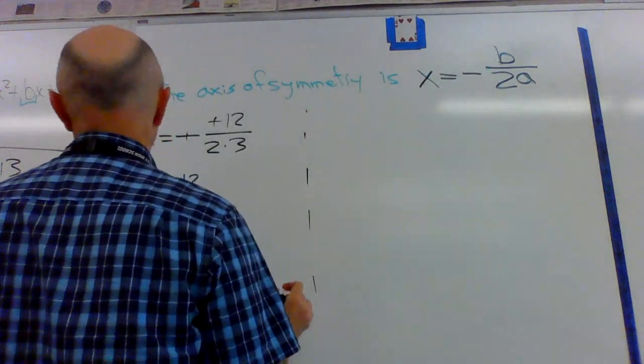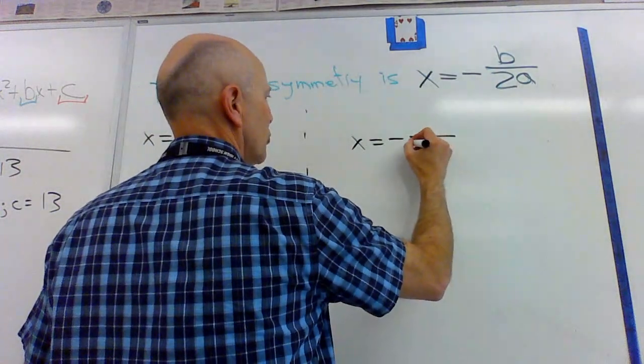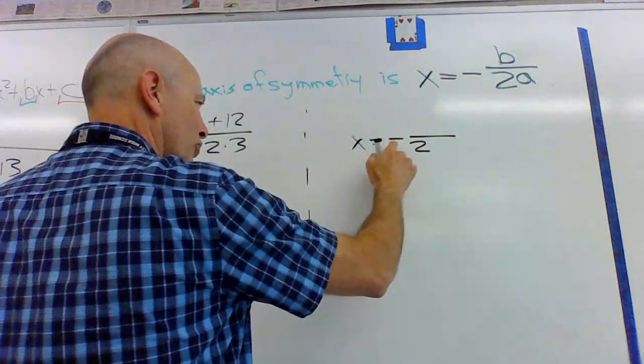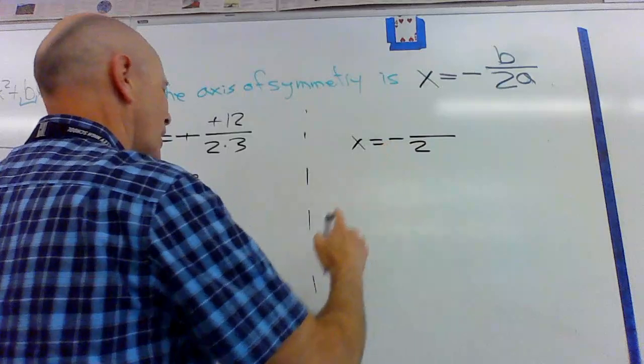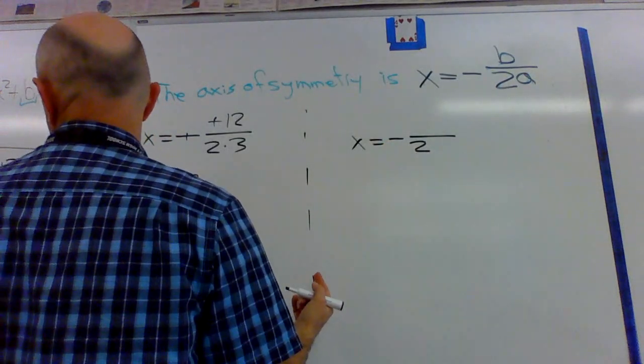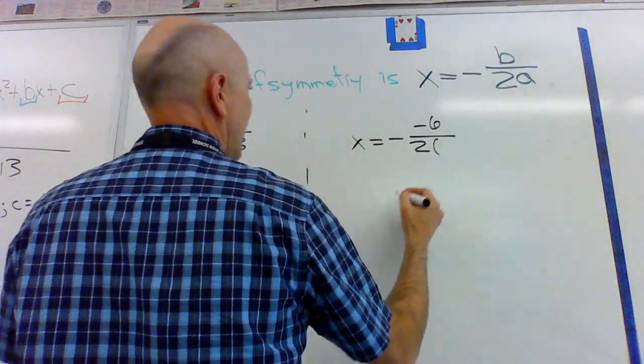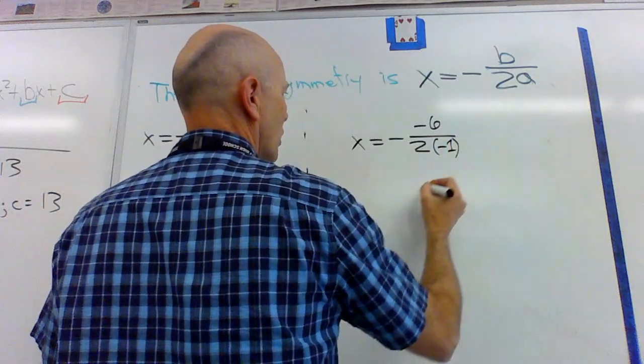In my second example, again, x equals opposite of, and I get the 2 there. Don't forget this opposite of, because if you lose track of negatives, everything you do is going to be wrong. My b value was a negative 6, and my a value was a negative 1.